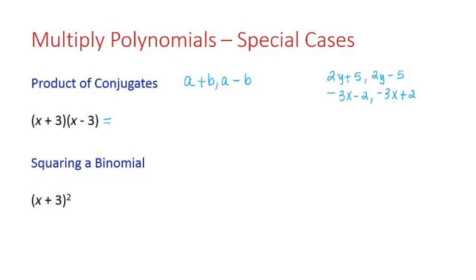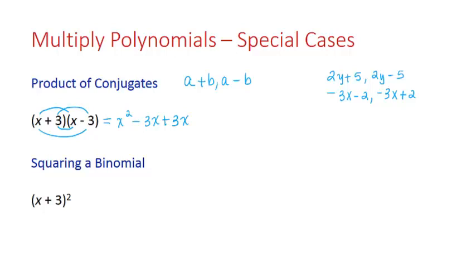the first binomial times each term in the second binomial will give us x times x, or x squared. X times negative 3 is negative 3x. Then 3 times x is plus 3x.